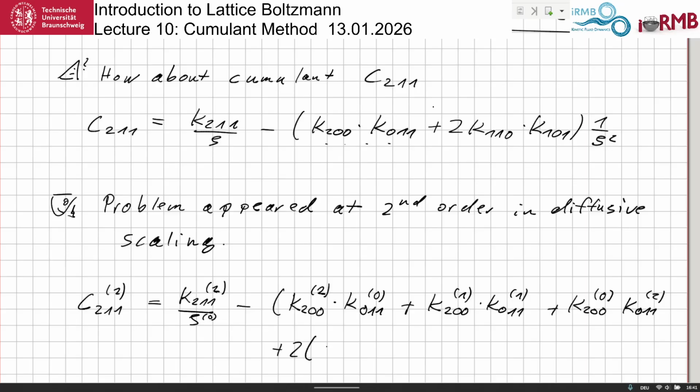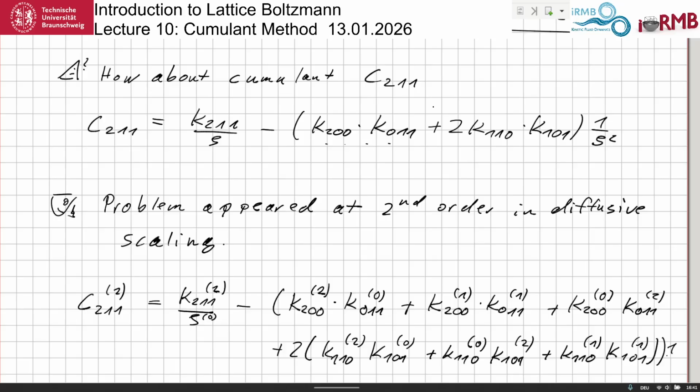Plus 2, I'll take the 2 out, K110 to second order times K101 to zero order, plus K110 to zero order times K101 to second order, plus K110 to first order times K101 to first order, and all of this divided by rho to zero order.